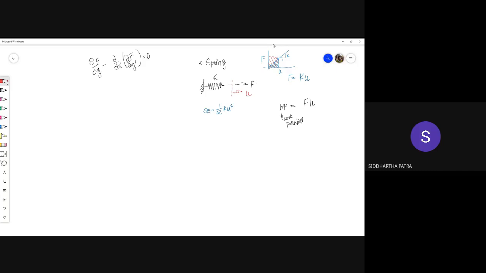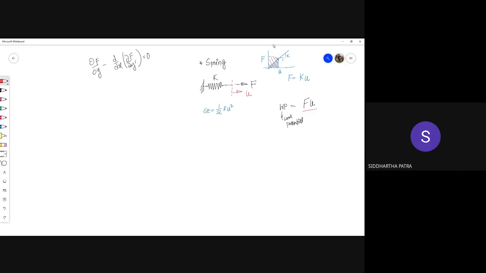But if you do emphasize the name of the term that it defines, which is called the work potential, that means up until you have applied this much force F, the source which is applying this force had the work potential to cause this much work.